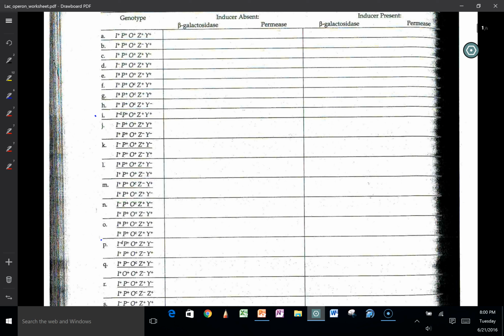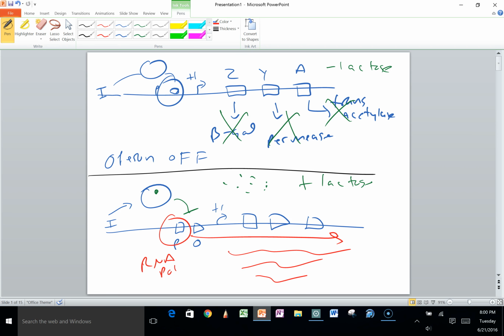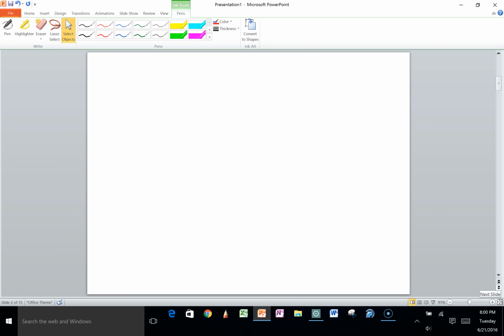Let me go back to one more review point, and that is that the lac operon is inducible.